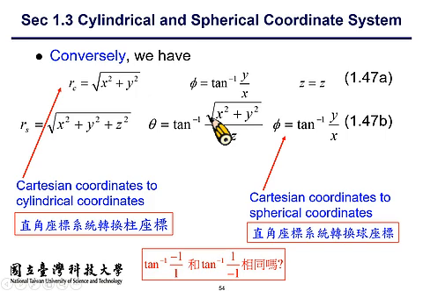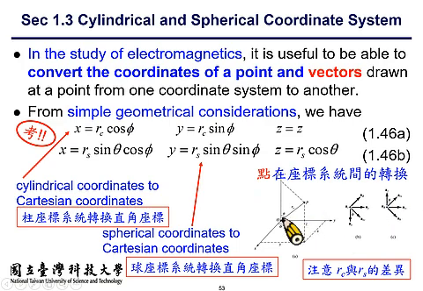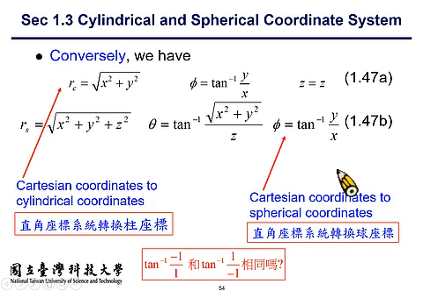Okay? So the projection divided by z and taking the arctangent of it shall give you the theta angle in this position. And the arctangent of y over x will give you the phi angle in the spherical coordinate system.